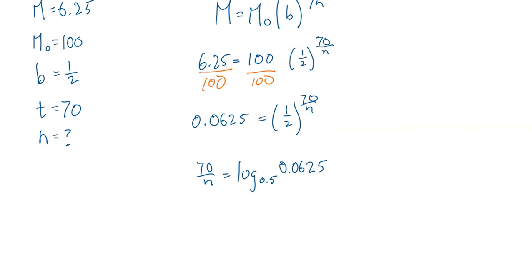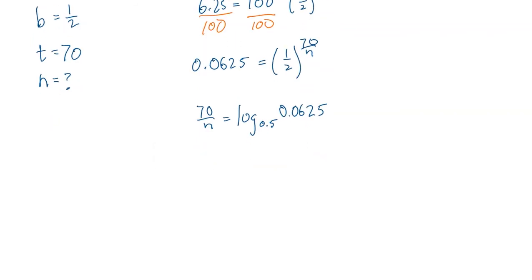Now here's where it's a bit different. I got to multiply the n to the other side and then divide the whole log part to the other side. And we end up with 70 over log 0.5, 0.0625 equals n.